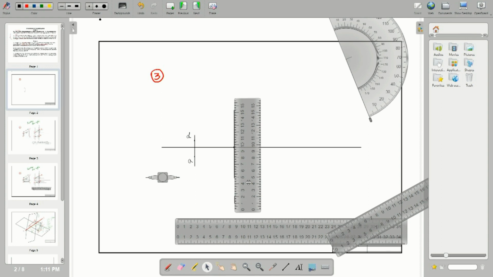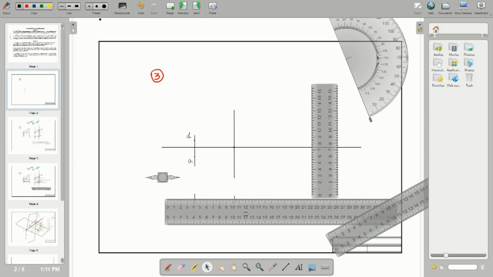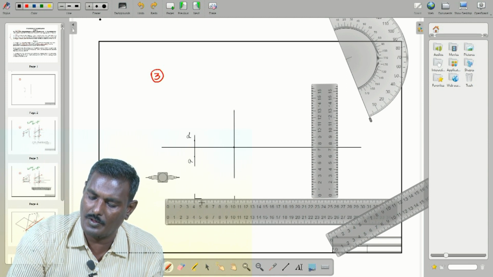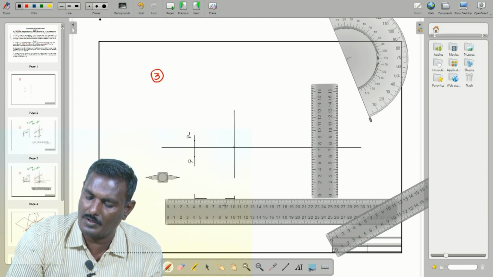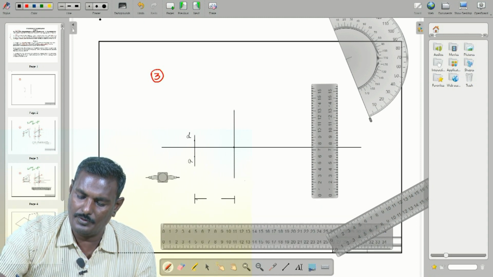So what about this dimension, is it? For marking dimension also we are using this. Simply we mark the dimensions, at present not, at the end. So now we are going to construct dimensions. 60 mm, is it? So for 60 mm we have to construct a dimension.